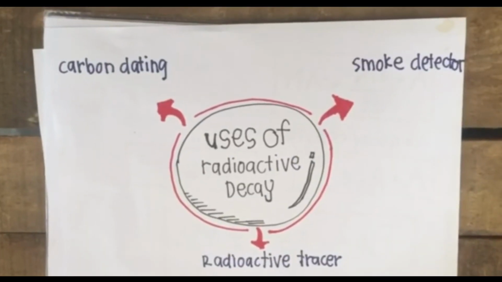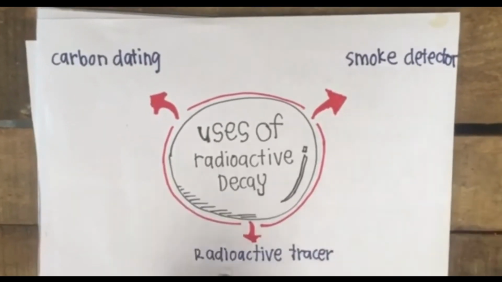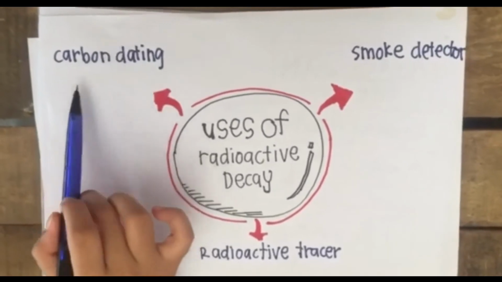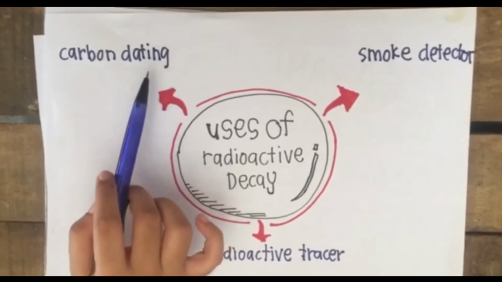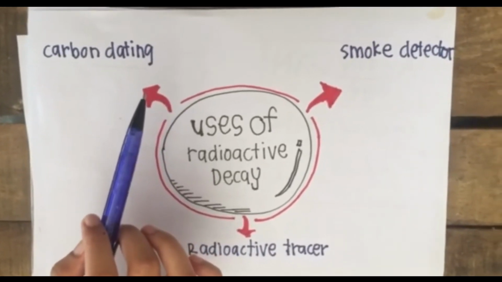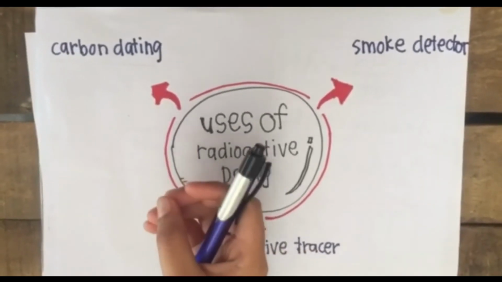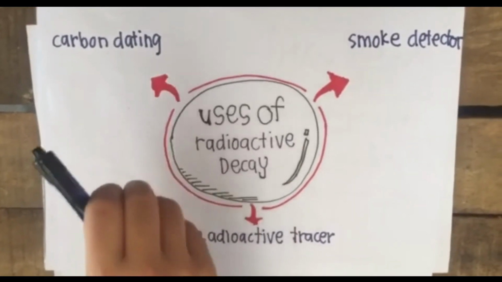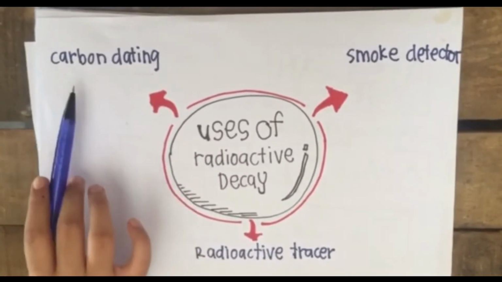So next we're going to look at the uses of radioactive decay. The first use is carbon dating. We use carbon dating to determine the actual or absolute age of an object. Maybe you can say that if you found a fossil, then we want to know the actual age of the fossil, so we can use carbon dating.